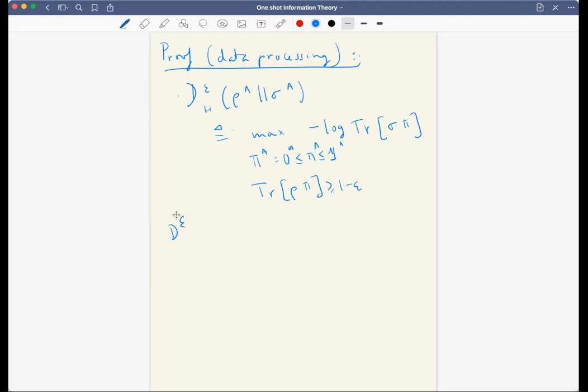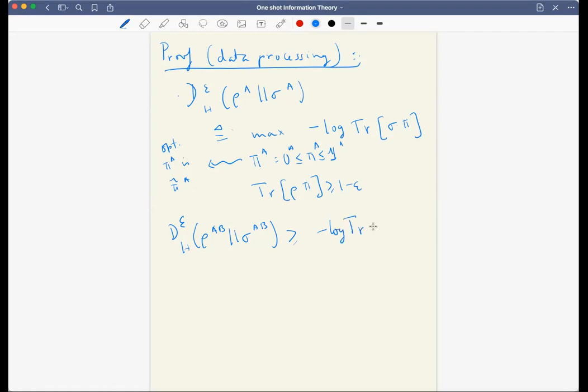Right, so D epsilon H of rho AB. Whatever it is, it will be larger than any feasible thing. So find the optimizing pi, and let's give it a name: the optimizing pi is pi hat A, let us say.